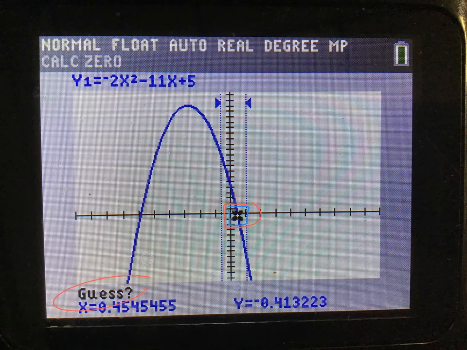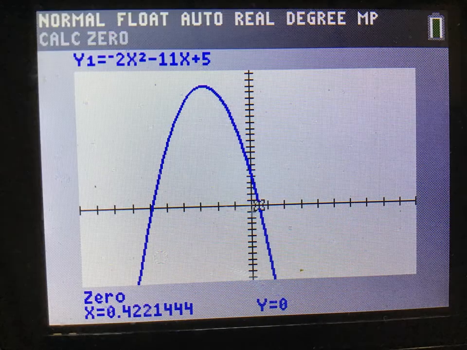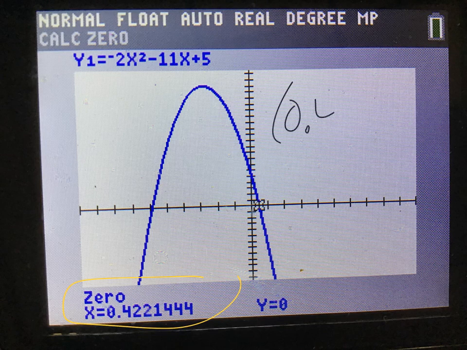So when it says guess, I'll just press enter. And here, my other x-intercept, my other 0, is the point 0.4, 0.